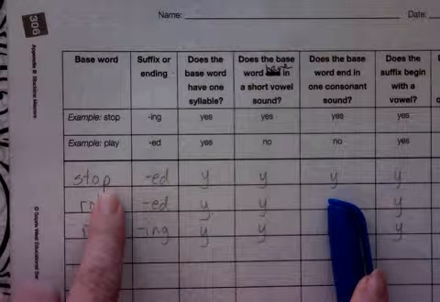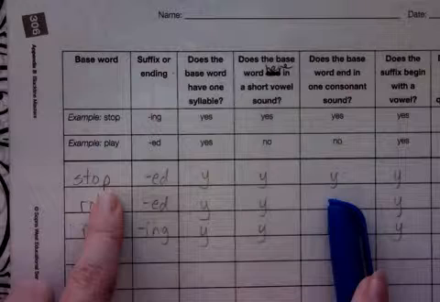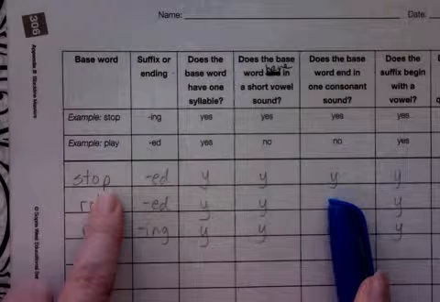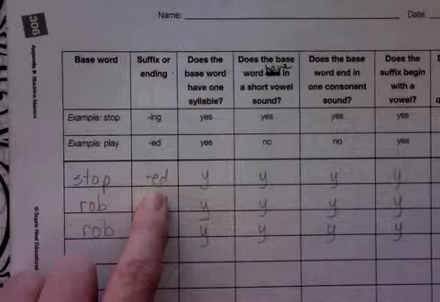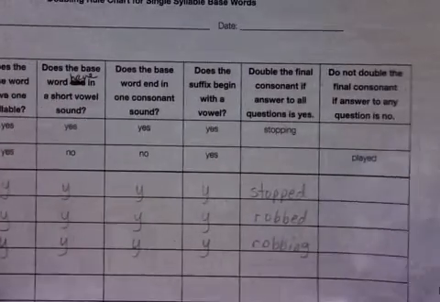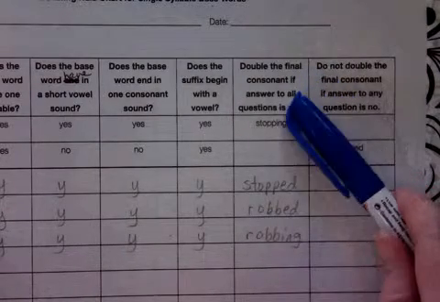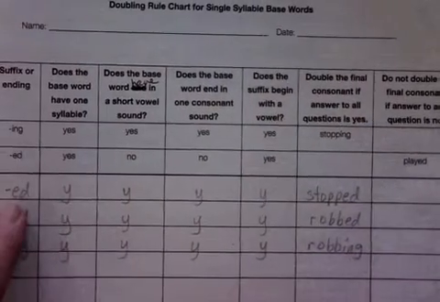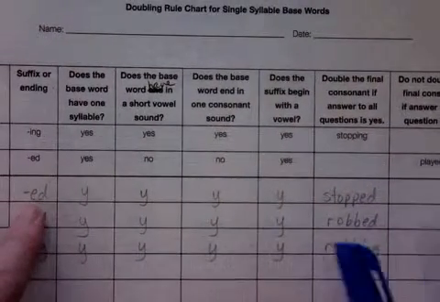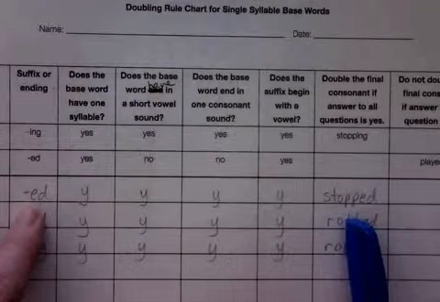P. Yes, it does. It's not a blend at the end. It's just a single consonant sound. Does the suffix begin with a vowel? Yes, it does. It starts with the E. So, you double the final consonant if the answer to all of these questions is yes. The answer to all of those questions is yes, so we double the P before adding ed.